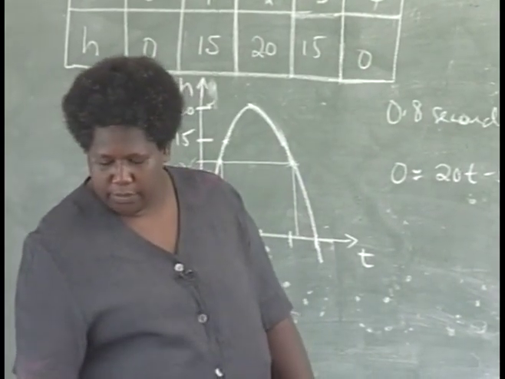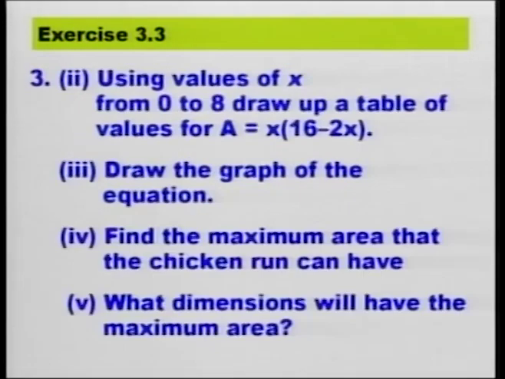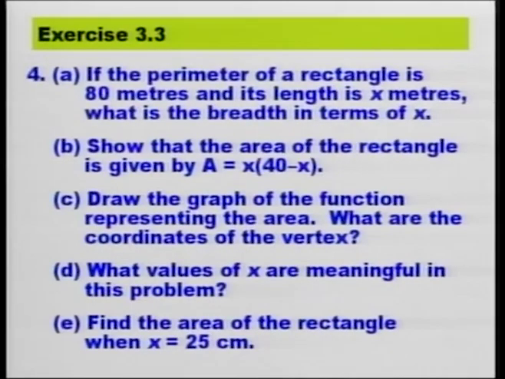Okay, for homework, you are going to do, I think, 2 questions. Question 3. Find the question on your worksheet that talks about a chicken run. Right, that's question 3 on the screen. And then the other question is question 4. This one is about the perimeter of a rectangle.